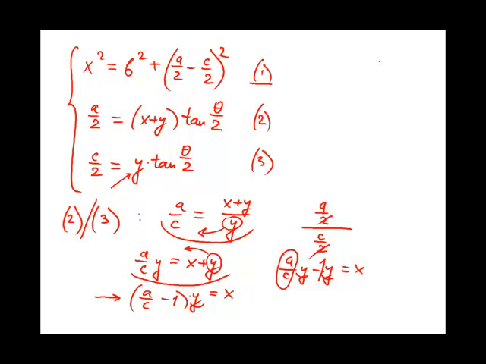I can do this because if a equals b, then a squared equals b squared. I can raise each side to any power, as long as the power is the same for both sides.